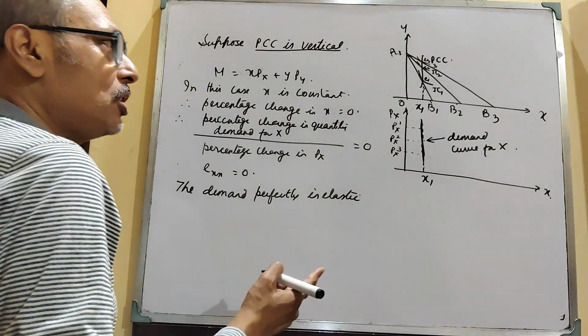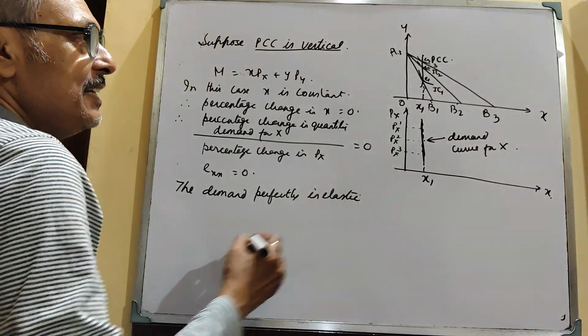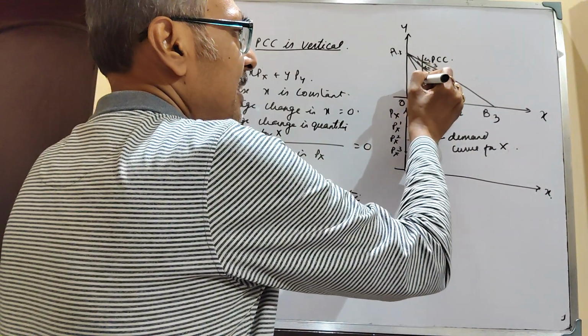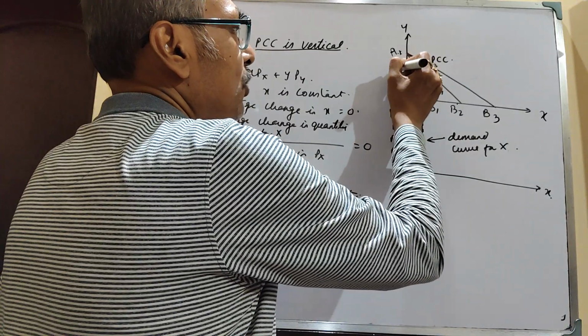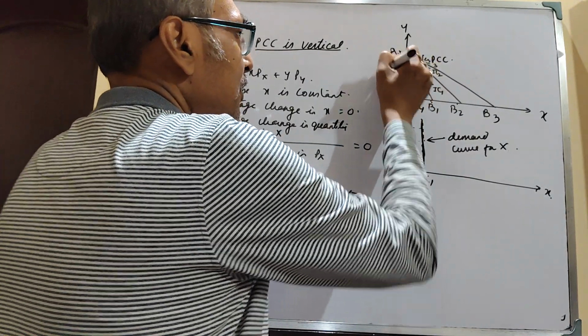Now what about the cross price elasticity? From here, quantity demanded of y increases, y1 to y2 to y3.